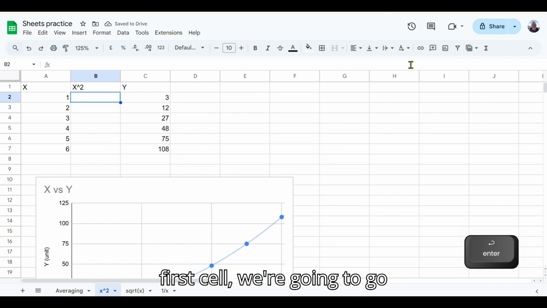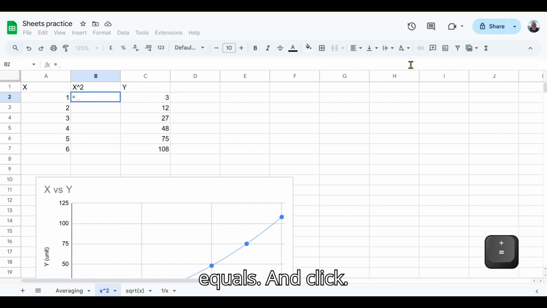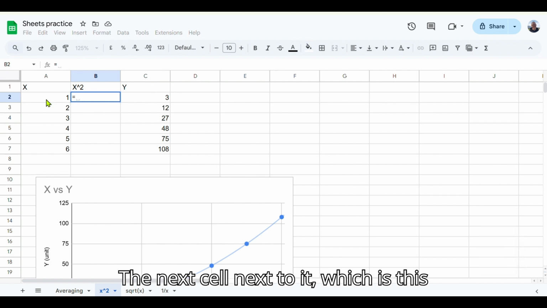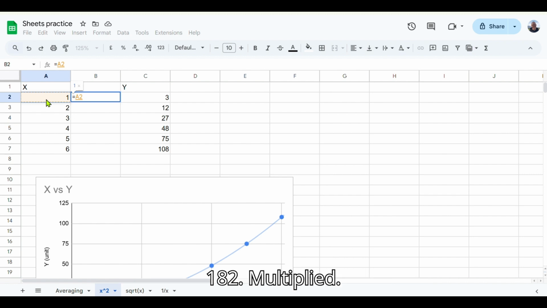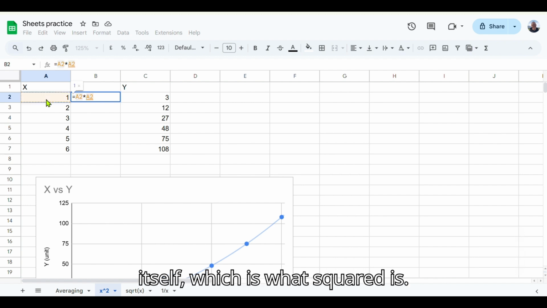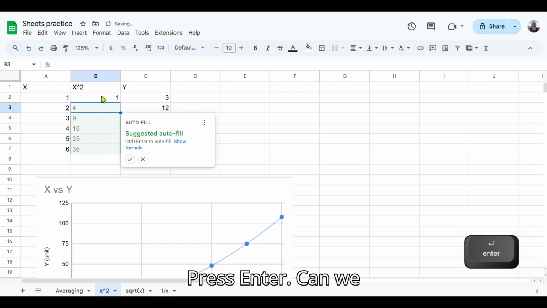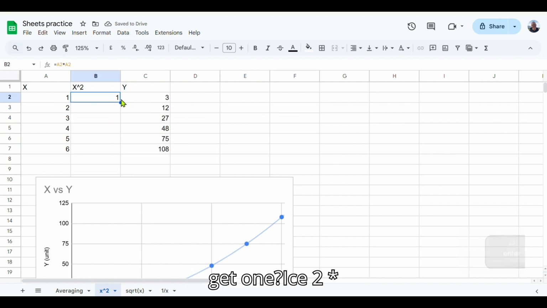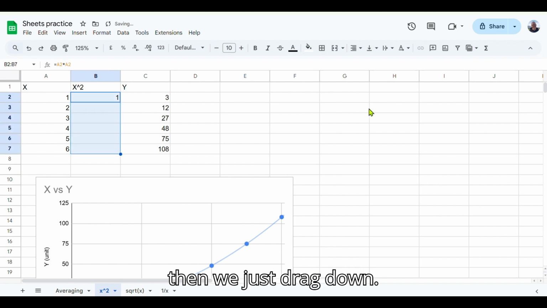In that first cell, we're going to go equals and click the cell next to it, A2, multiplied, so that's shift 8, by itself, which is what squared is. Press enter, and we get 1. A2 times A2 is 1, and then we just drag down.